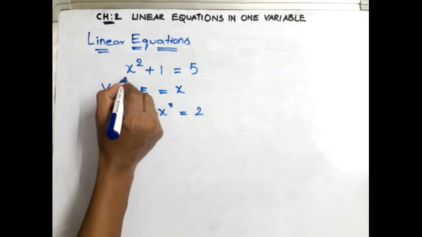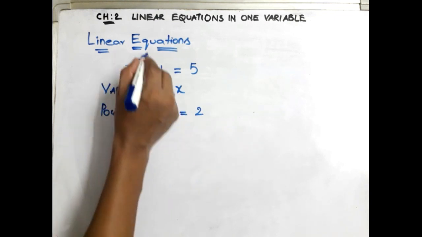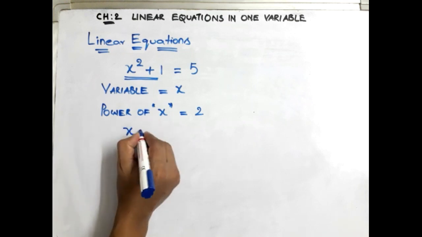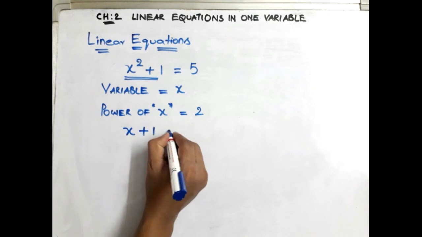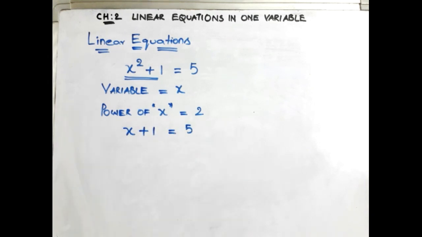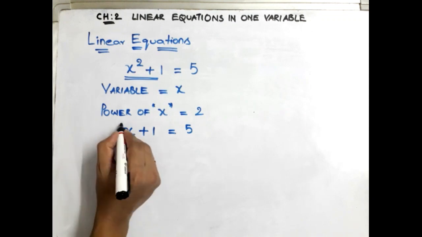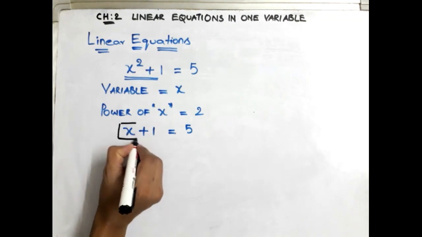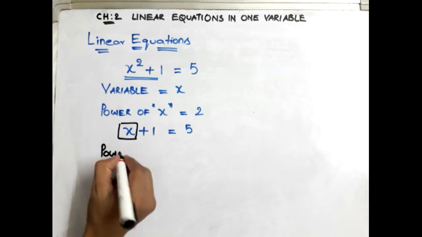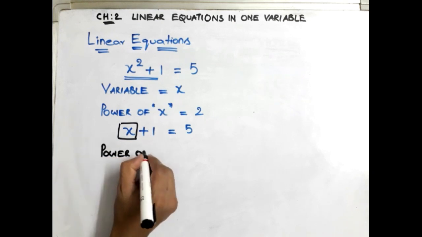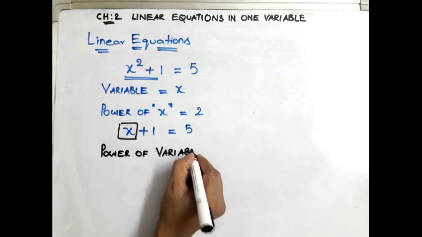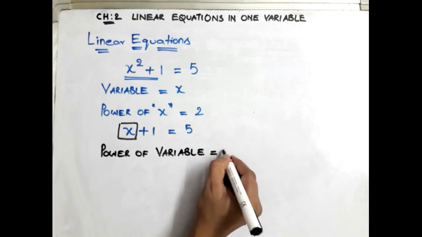But if you observe, this is contradicting the general form of a linear equation, because if I want to write the same as a linear equation, I should write like this. As per the definition of a linear equation, the power of the variable must always be 1.